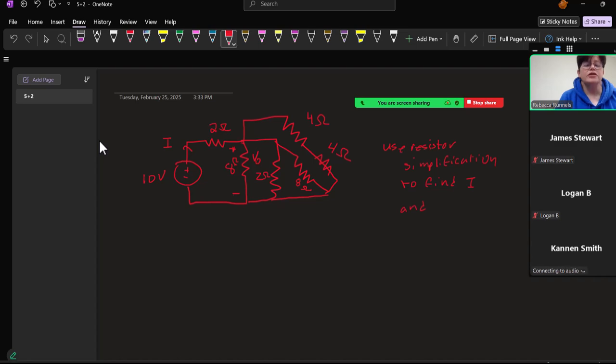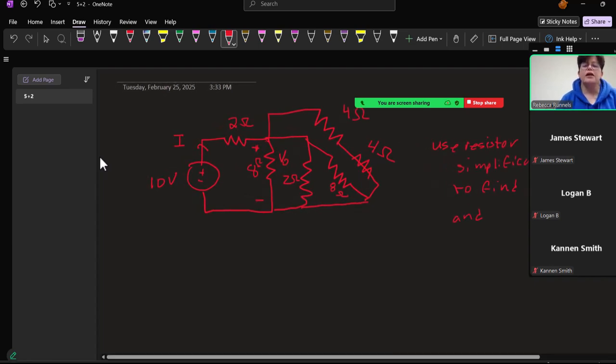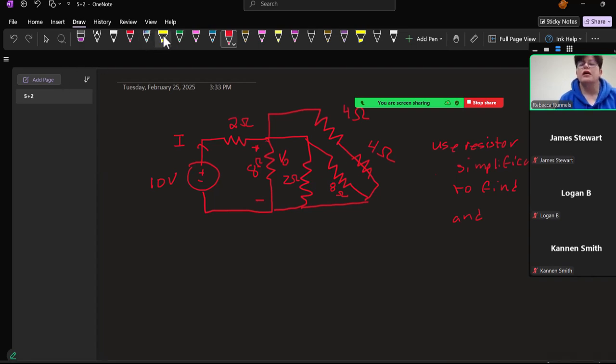So I'm going to say use resistor simplification and probably voltage division, but we'll get there. What we want to do is make sure we can identify things that are in series and things that are in parallel. Okay, so let's take a look at this, and I am going to circle these resistors in different colors, and I want you to tell me the colors of any two resistors that are in series.